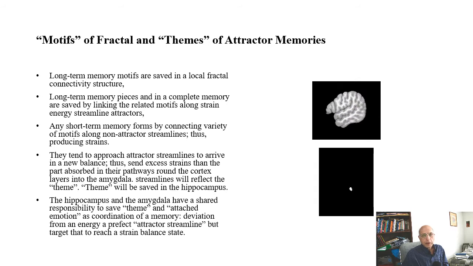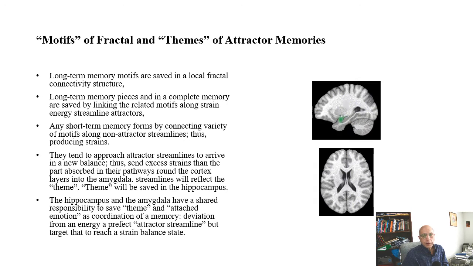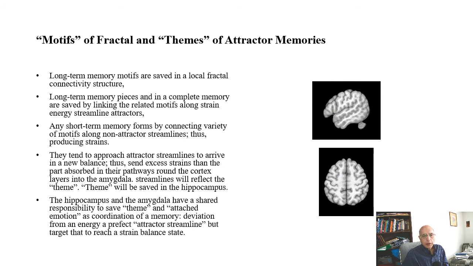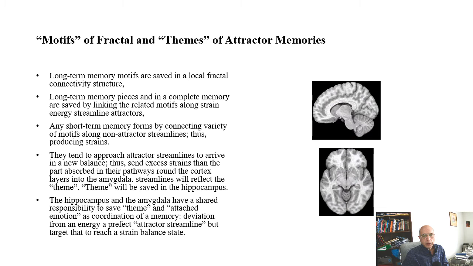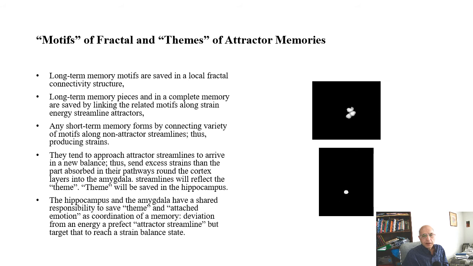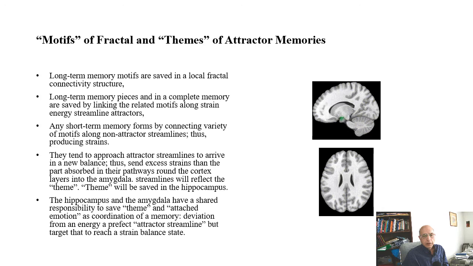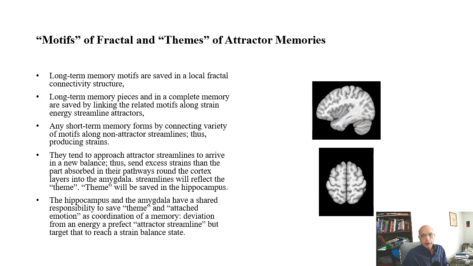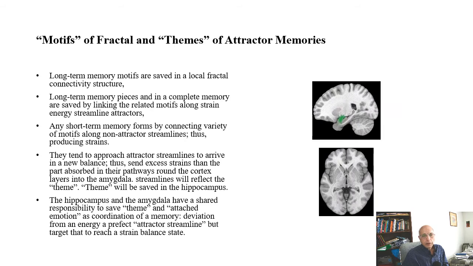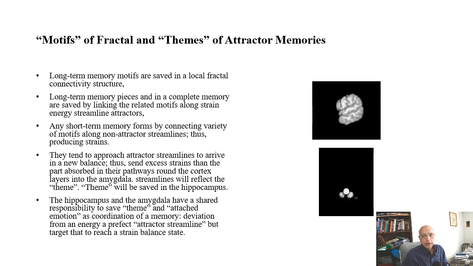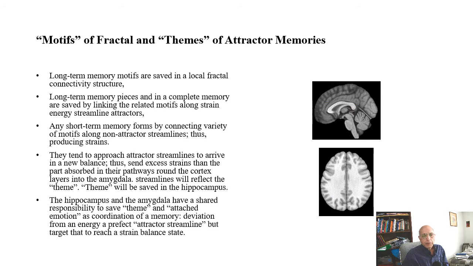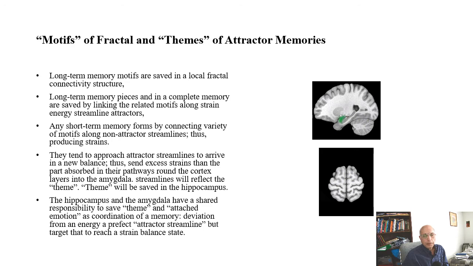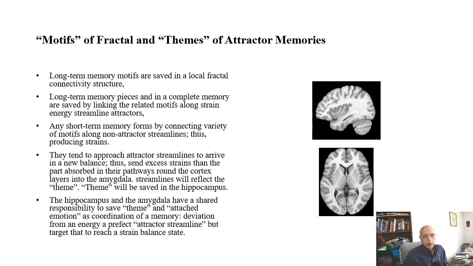Short-term memory tends to approach attractor streamlines and to arrive in a new balance and become a long-term memory. Otherwise it sends excess strains to the amount that the tissues on that location can absorb the strains. These excess strains will flow over into the amygdala.